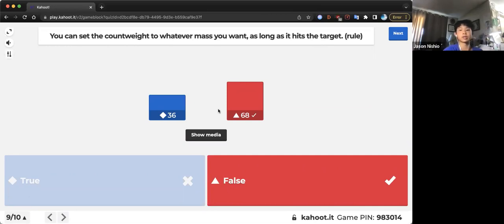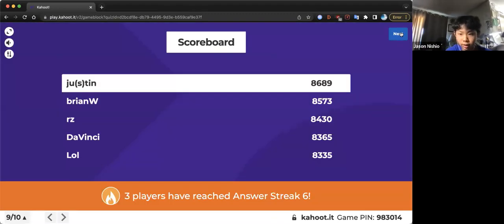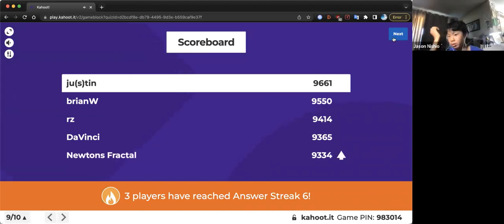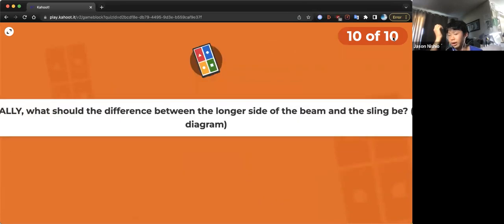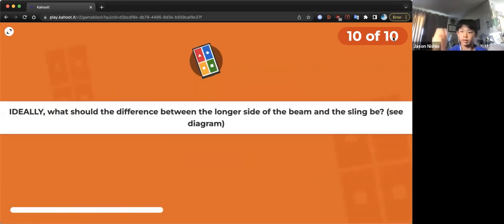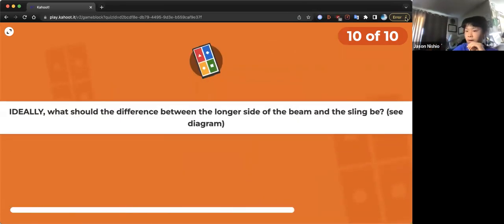So you can't change anything. The competition hosts already set it. By the way, you are told ahead of time the counterweight mass and stuff like that, so you do have time to prepare it.